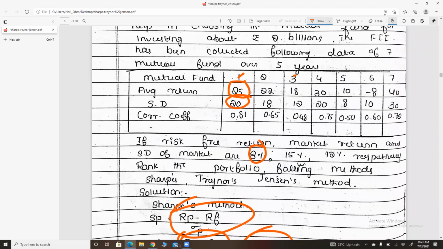Second one, that is 22 is the average return, minus 8 is the RF, divided by standard deviation 18. Like that, calculate for the third one, 18 minus 8 divided by 12, then 30 minus 8 divided by 20, 10 minus 8 divided by 8, minus 8 minus 8 divided by 10, 40 minus 8 divided by 30.